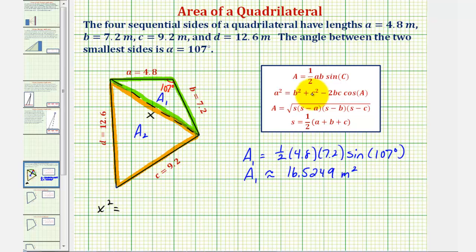These are the two sides that form the known angle, so it would be 4.8 squared plus 7.2 squared, and then minus 2 times 4.8 times 7.2 times cosine of the angle opposite side x, or the known angle of 107 degrees. Now we'll go back to the calculator.